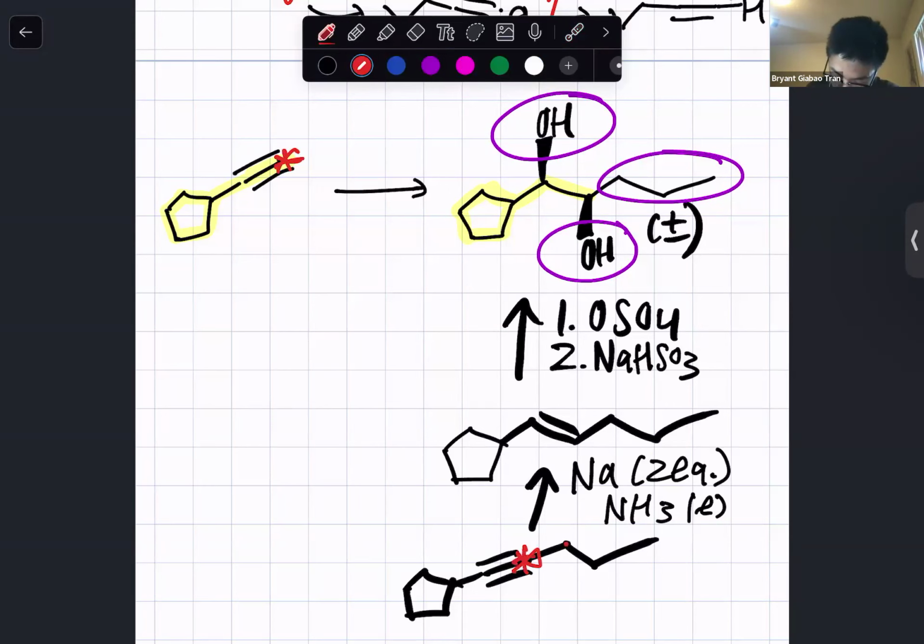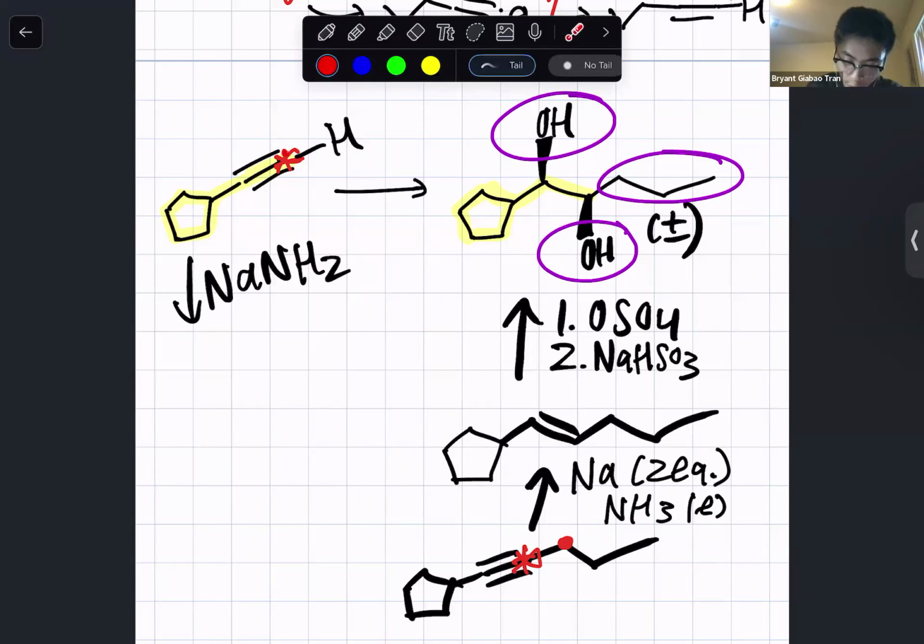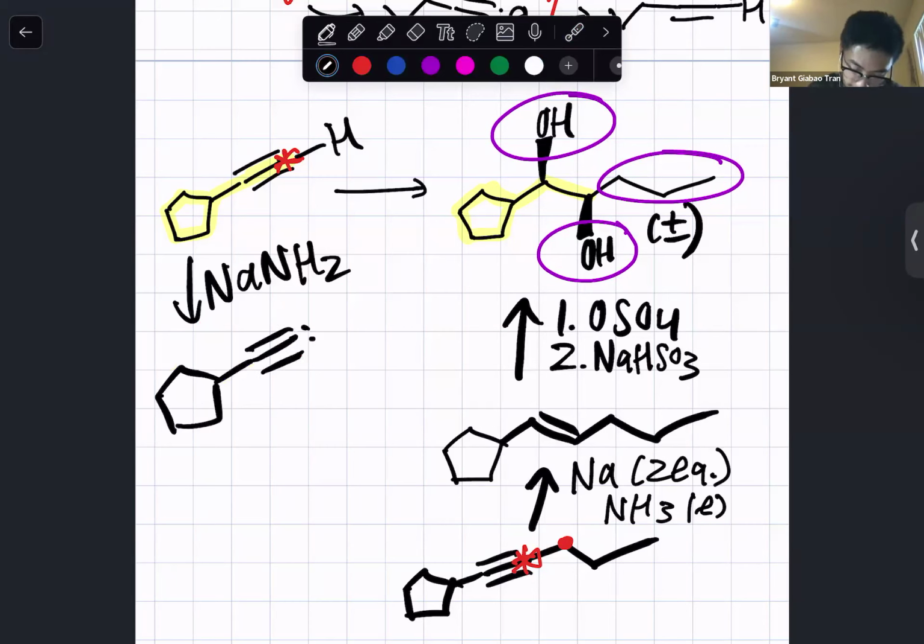And if that's nucleophilic, then that means that this carbon here has to be electrophilic. To make this terminal alkyne carbon negatively charged, we can deprotonate the terminal alkyne hydrogen with a strong base like NaNH2. That is going to give that alkyne a negative charge here, which is our nucleophile, right?